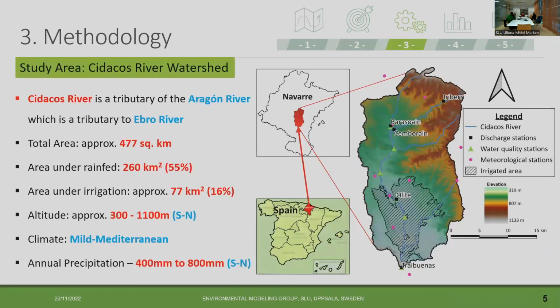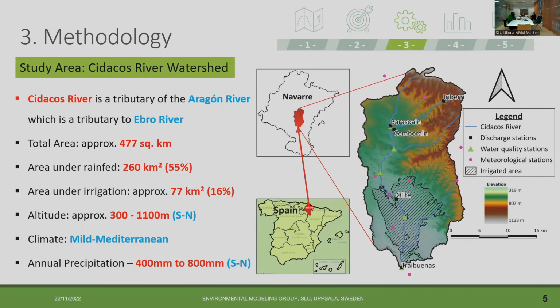So my study area is called Sidakos River Watershed. It's a kind of sub-basin located in northern Spain in a place called Navarra, and it's approximately 480 square kilometers. It's part of the larger Ebro River Basin in Spain.